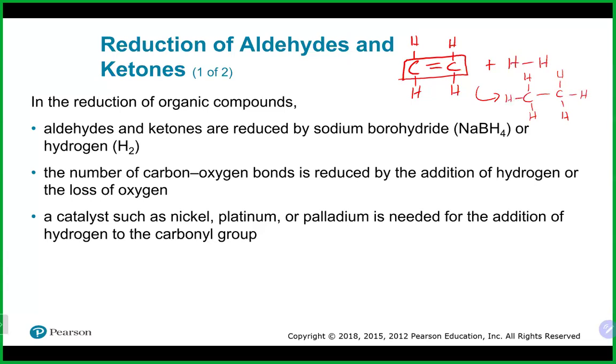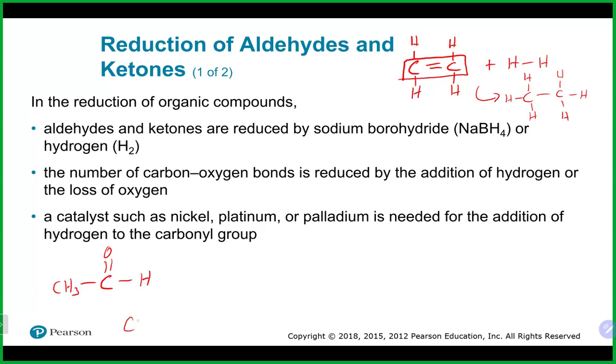Now, when we talk about the aldehyde or ketone, it's pretty much the same deal that's happening here, except that it's not the two carbons that are double bonded. Obviously, with our aldehyde or ketone, we have this, and we'll just do a nice simple one. It looks like that, where we have our carbon oxygen double bond.